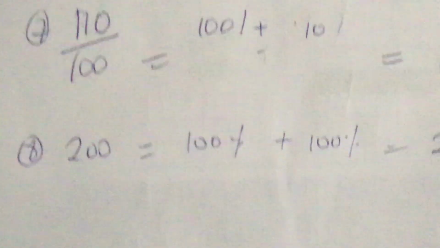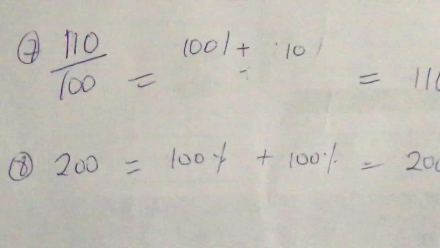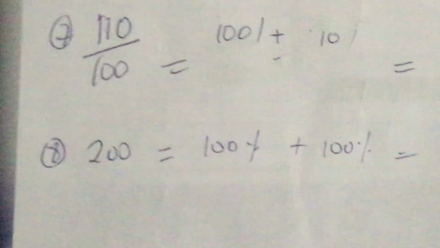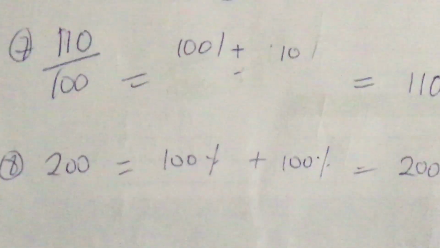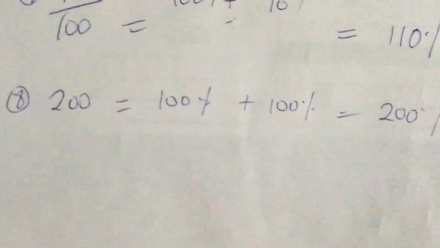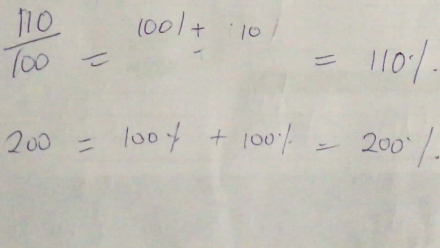QED. And then the last one, 200 over 100 is 200%. It's 100% and 100%. Okay, guys? So it's 200 over 100, which is 2, and 2 is 100 plus 100, which is 200%.